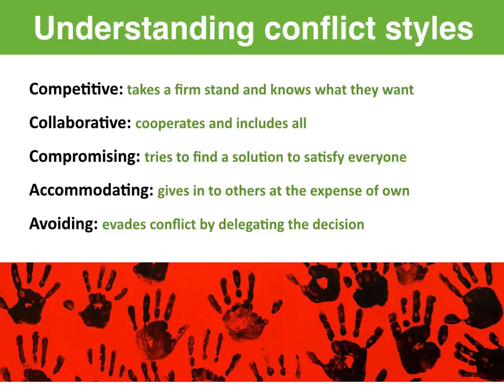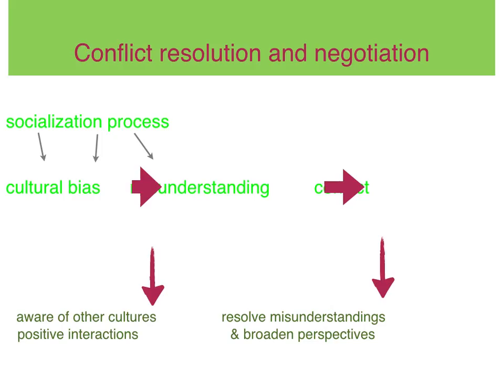So think about the way that you handle conflict in the workplace, particularly if it's based on a cultural perspective. Because we all have this slight cultural bias, as we said before, and we were socialised by our parents and by our environment, by the school we went to, and we might not even realise that we have these misunderstandings between us and another person of a different culture.